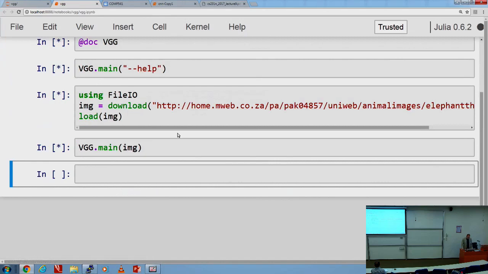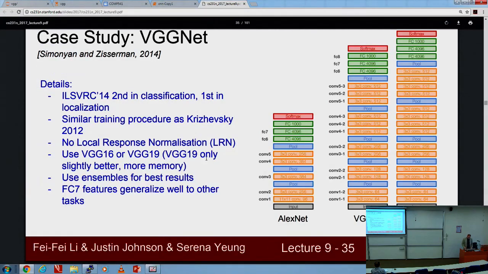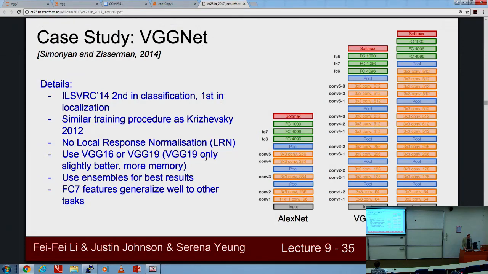Okay, run all. This will run in the background while we look at the next. So other differences: no normalization layer. VGG 19 only slightly better. Uses more memory but gives you another percent or so. Again, they use ensembles for best results.